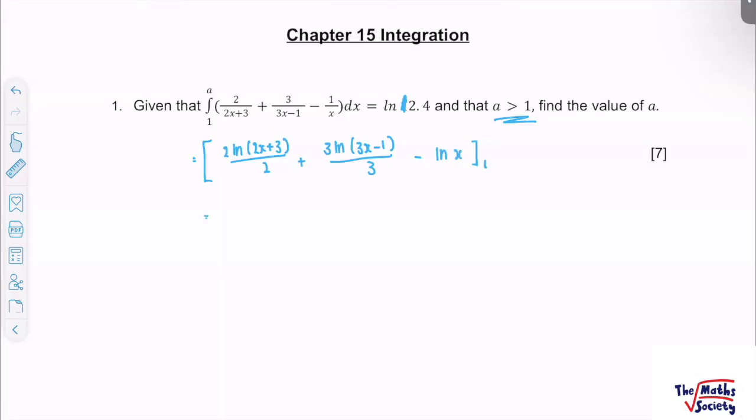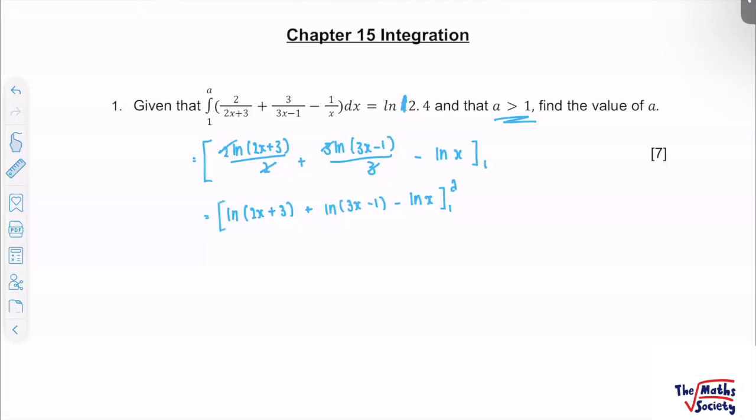So then we cancel them out. Then we'll have ln(2x + 3) plus ln(3x - 1) minus ln x with a limit of 1 to a.